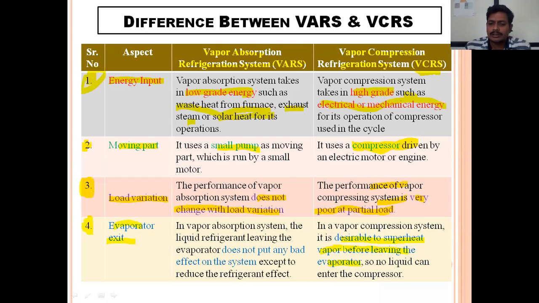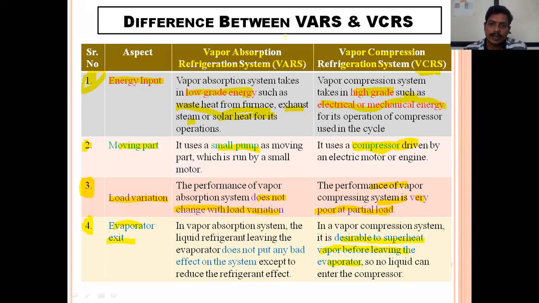But if there is a partial load, there may be chances that the refrigerant will come as a liquid plus vapor mixture, and if that mixture is given to the compressor, then the performance of the compressor will go on decreasing. So in case of vapor compression refrigeration system, it is always desirable to have the superheated vapor before leaving the evaporator, so no liquid can enter the compressor.